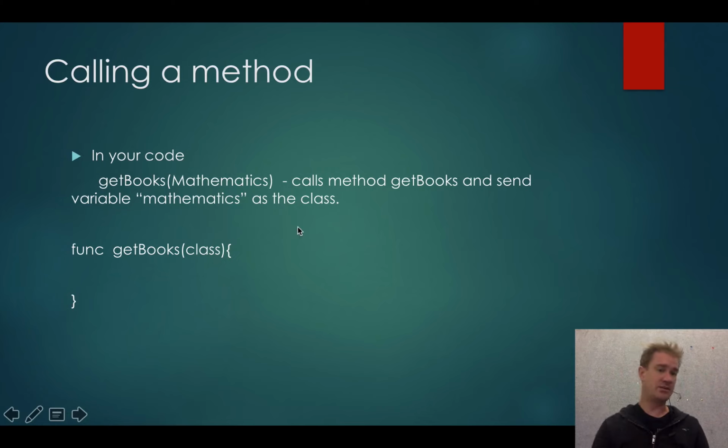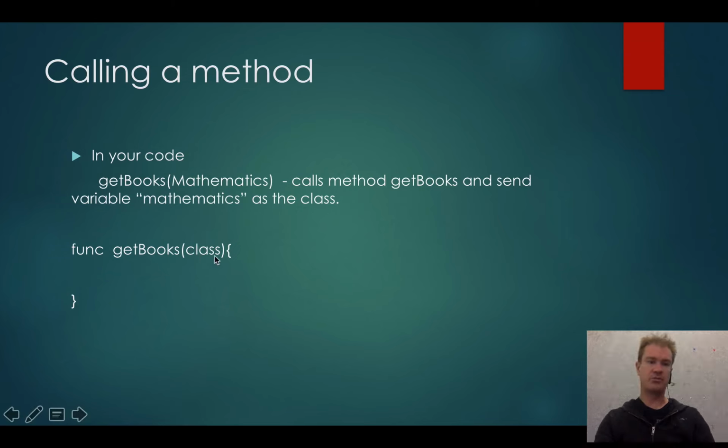If you did it where it was getBooks, brackets, English, class would be English. GetBooks brackets history, class would then become history. And everywhere in this section of code, variable class is now mathematics. So whenever we want to write if class equals this, it's going to be if mathematics equals this.